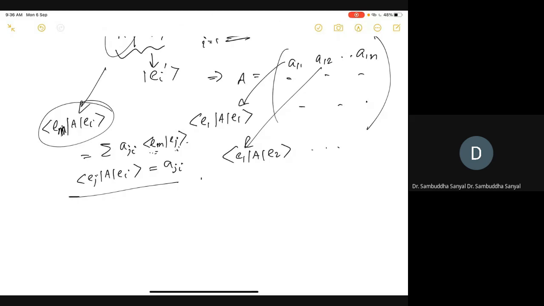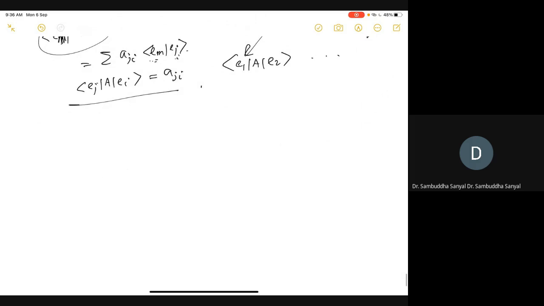Now you can actually try this for yourself: you can work out the rule of matrix multiplication from here as a derivation. Earlier you learned it as a rule, how you multiply two matrices. So let's say you want to operate two operators on ei. Then try this and show that this has to be this.